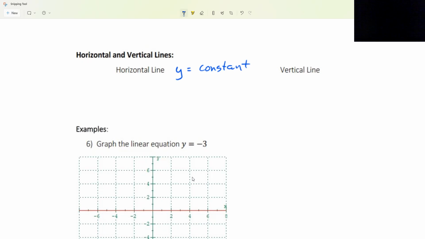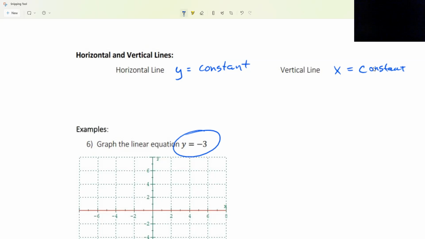It's the same thing with a vertical line. For a vertical line, you're going to have x is equal to some constant. You can see this one right here: y is equal to -3.